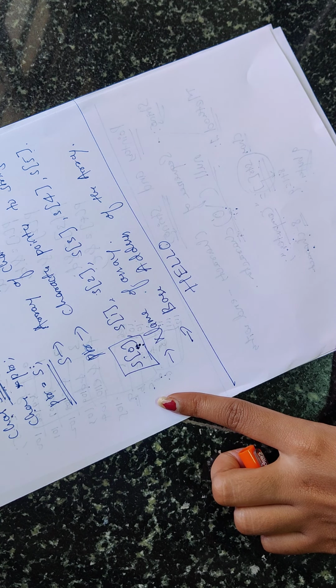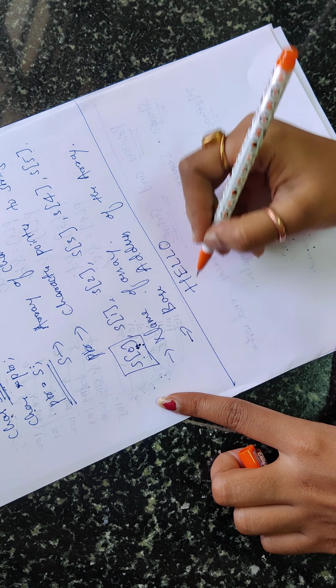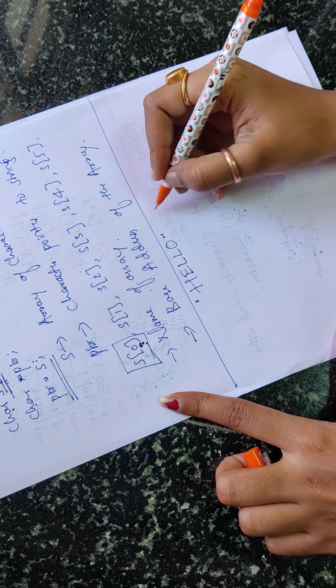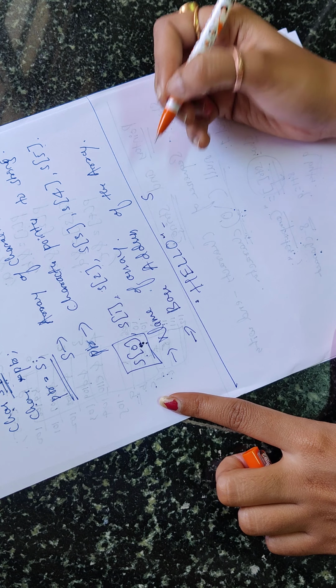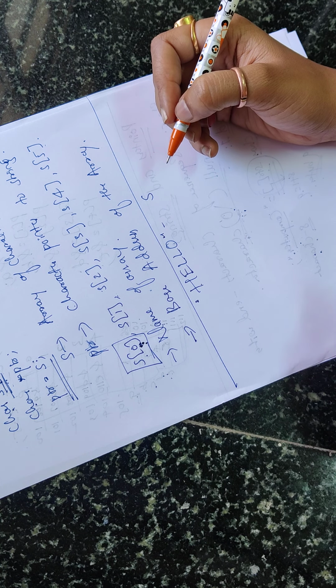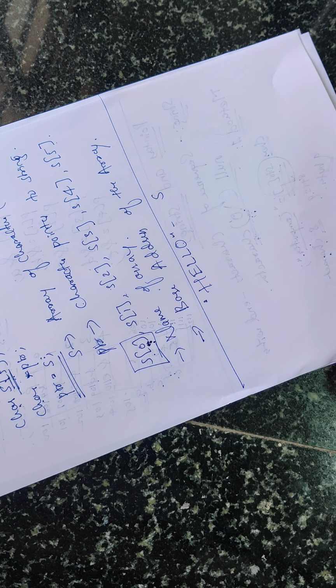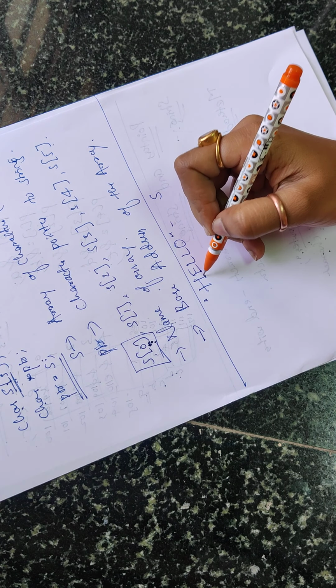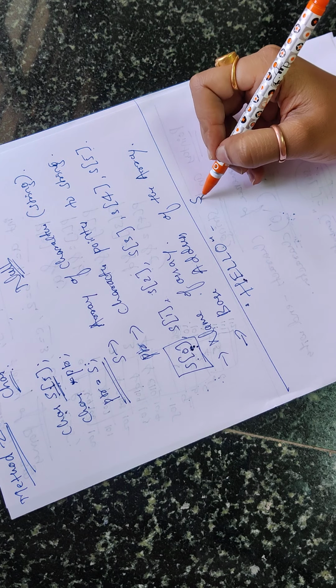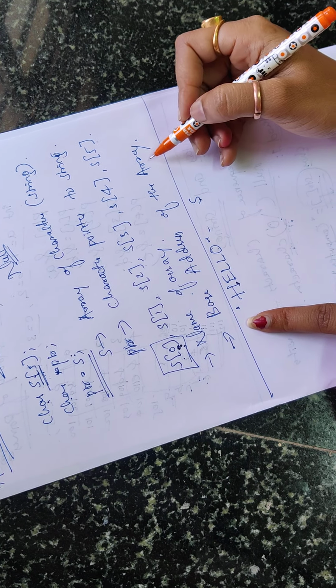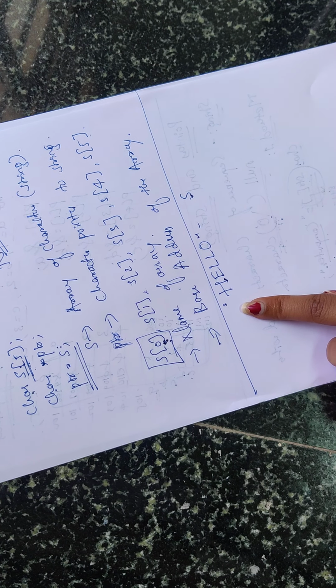Here we'll consider S as a pointer, or else as a string array, where S will point to the memory location where h is stored. That means S will give you the base address of the array.